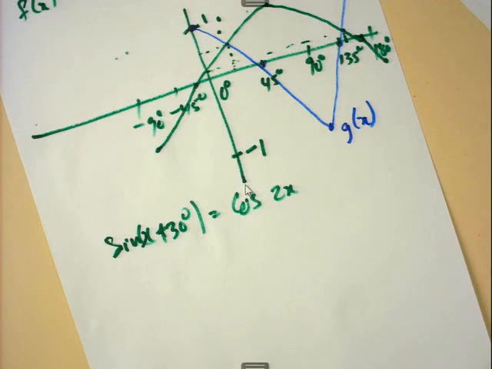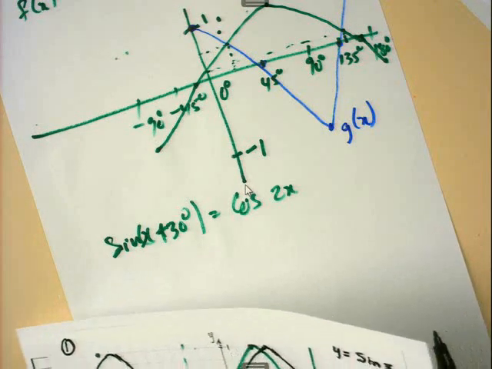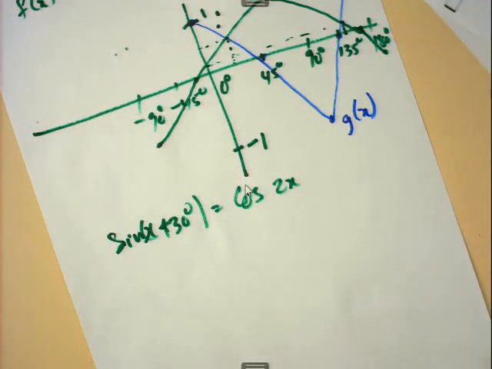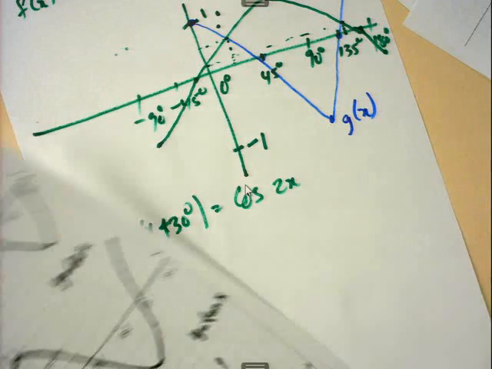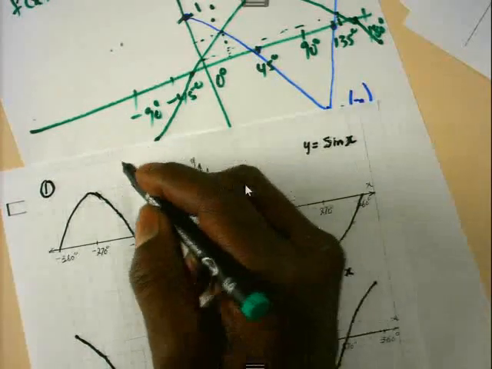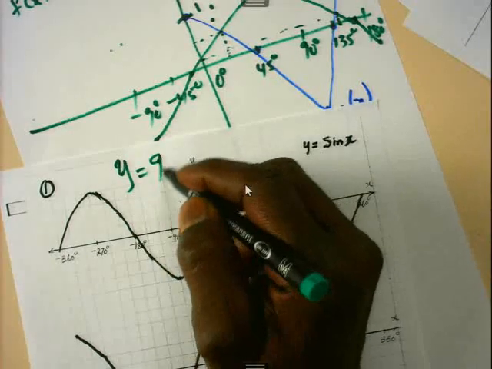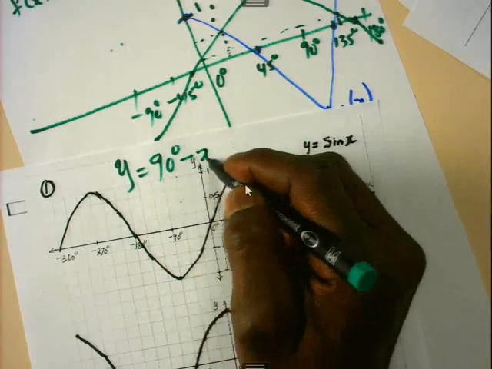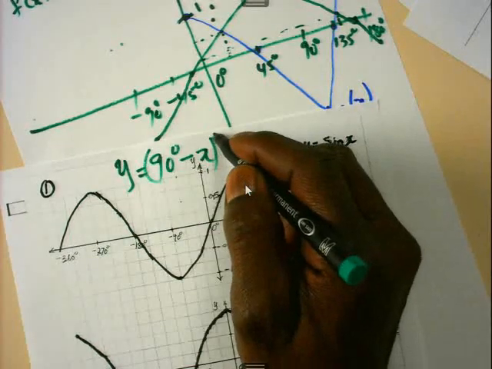And how will we do that? Let's have a look at the graph of, we want to draw the graph of, suppose y equals 90 degrees minus x.